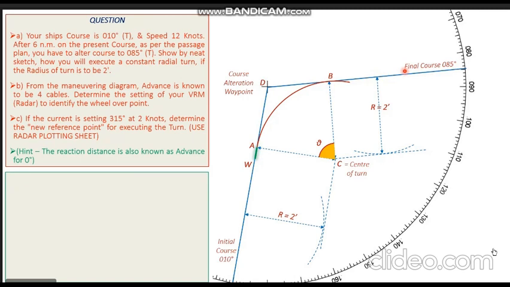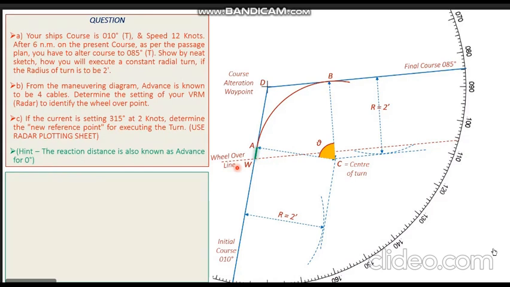What I do now is I pick up my parallel ruler or sliding ruler, align it with my final course, which is 085, and bring it to point W to draw a parallel line. You can see this parallel line coming up on the screen now, passing through point W, Whiskey point, and parallel to my final course of 085. This line is my wheel over line.